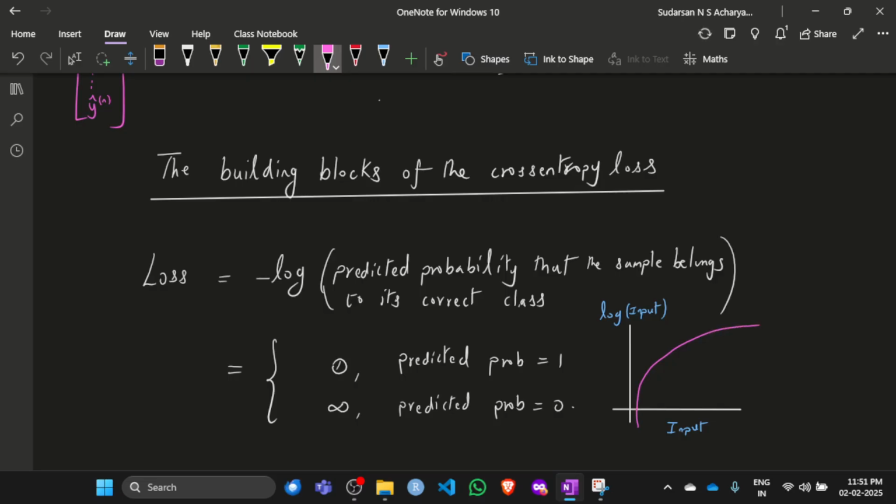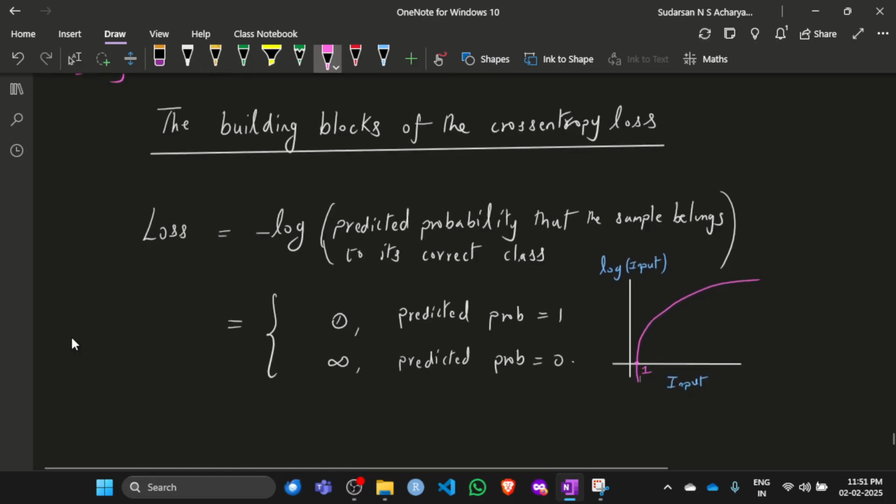And precisely for log of 1, the input equal to 1, the log of the input is equal to 0, right? Then the function grows very slowly past the input value of 1, and then it drops quickly to negative infinity. So this is something we've already seen.